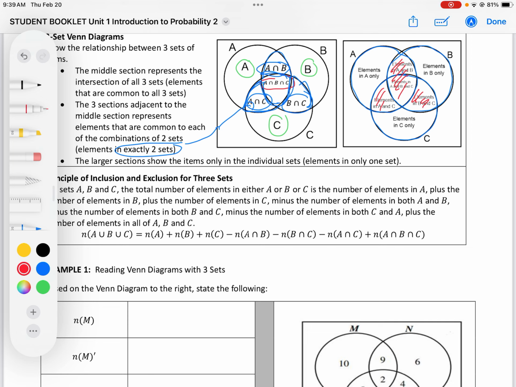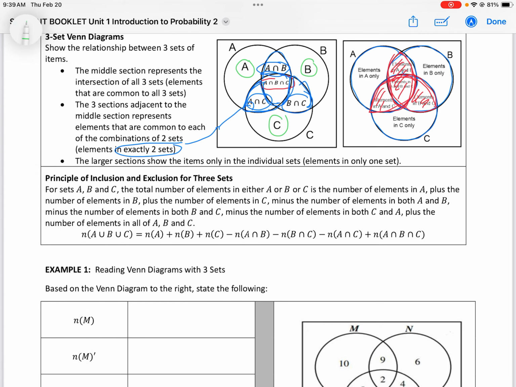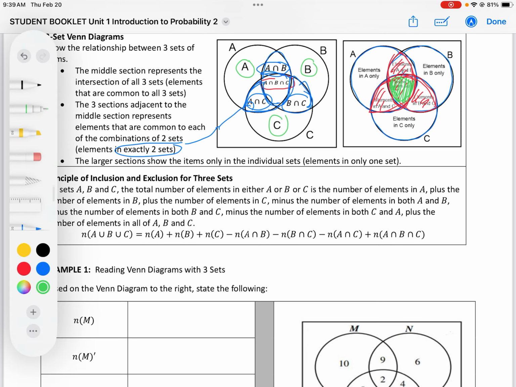So we subtract this double count here, A and B, A and C, and then B and C. But then here's the next issue. We've subtracted too many. Now we haven't actually included this middle section, so we have to add that middle section back on. That's just for the visual.